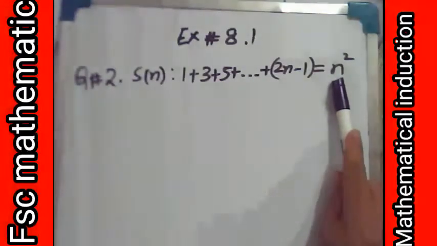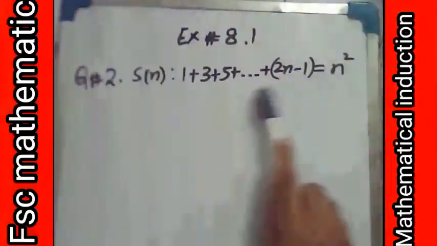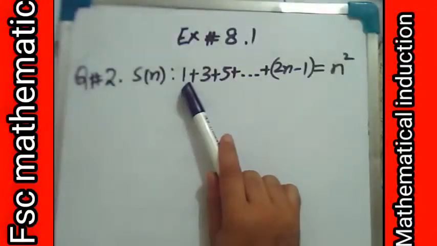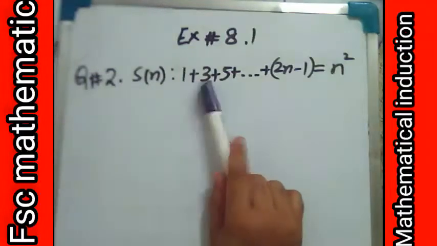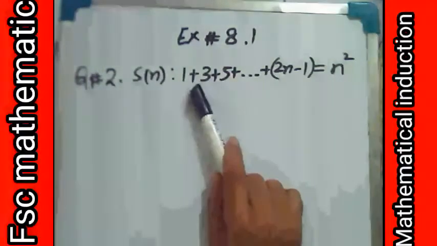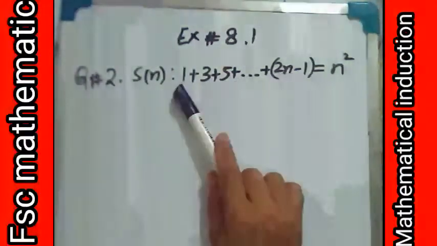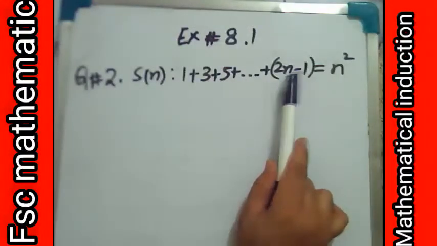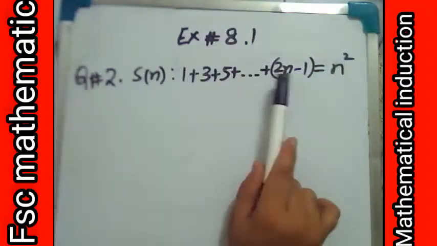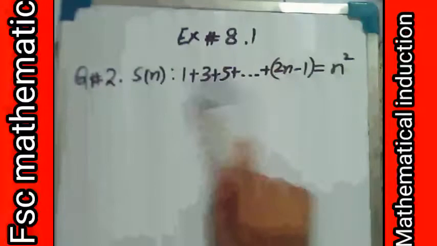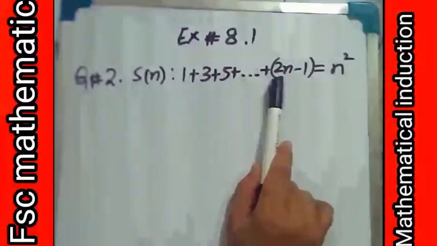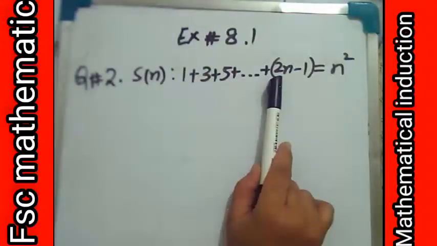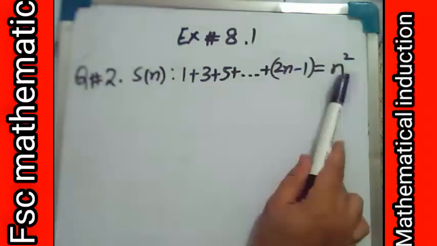How can we find the sum of an arithmetic series? We call the first term A1, the difference is 2, and this is the last term. First and last terms are added and multiplied by n by 2 to give us the sum, which is equal to n square.